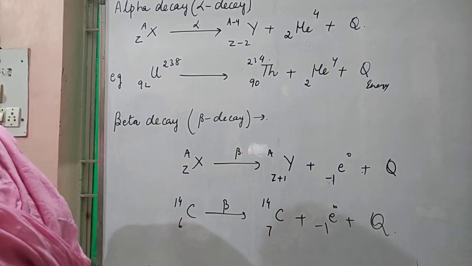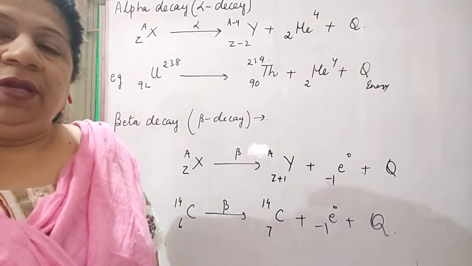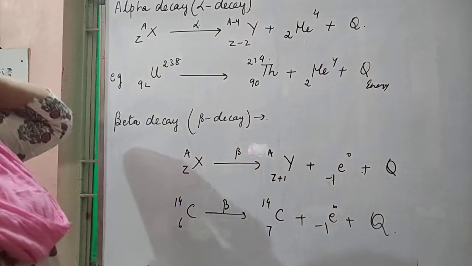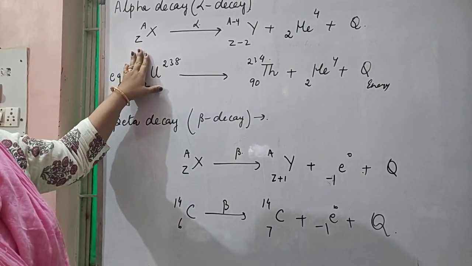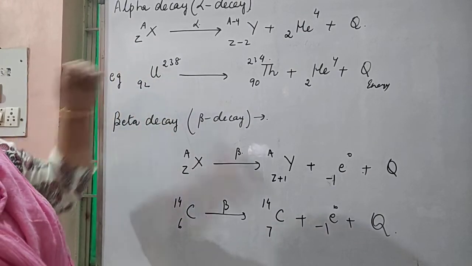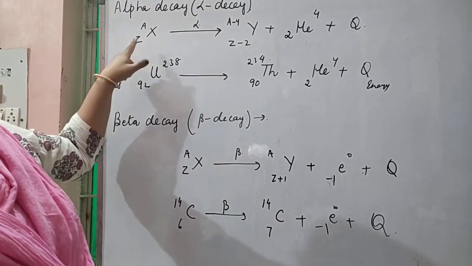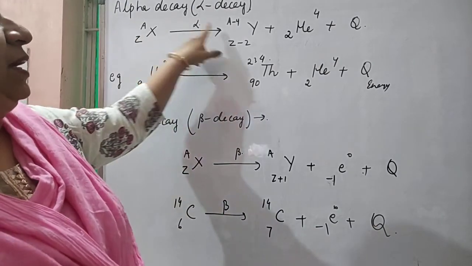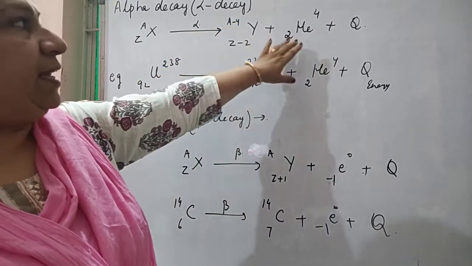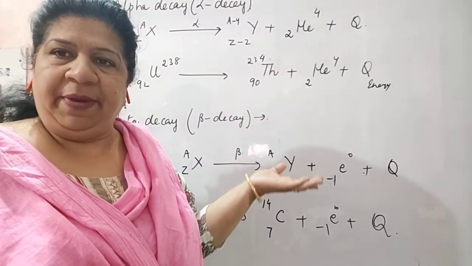Children, the first is alpha decay, that is when the alpha particle is moving out of the nucleus. Then in that case, this was the initial atom, as we represent the nuclear notation of the atom. In alpha particle emission, the atomic number decreases by 2 and the mass number decreases by 4, because a helium particle, an alpha particle, is being emitted.